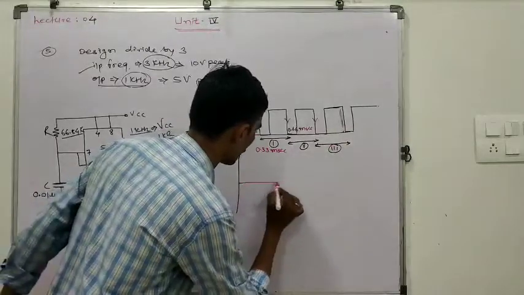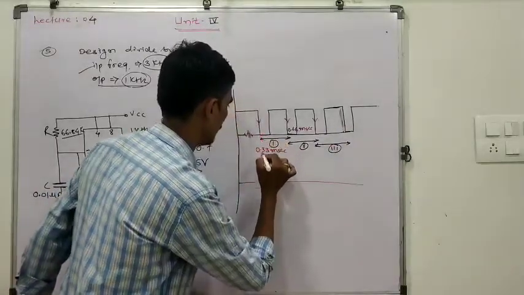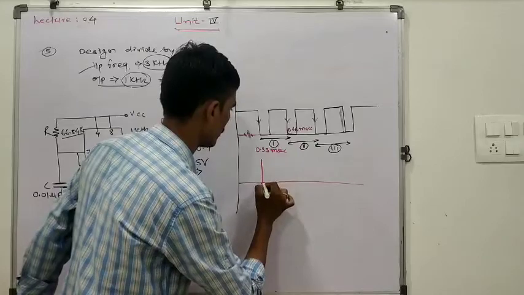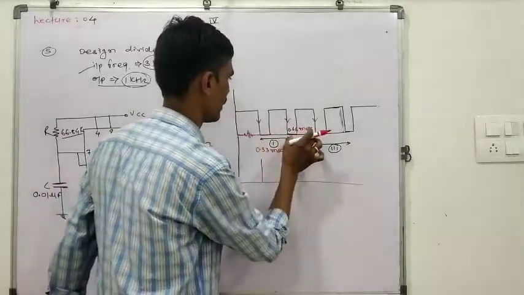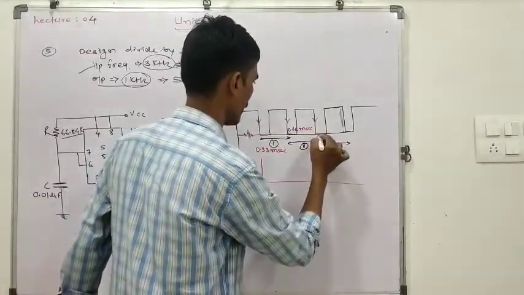So we are getting the output like this. I will start from here. This is the first cycle, this is the second cycle, and we are taking at this point.